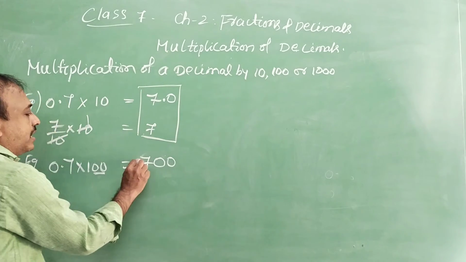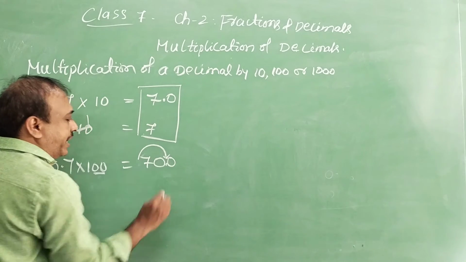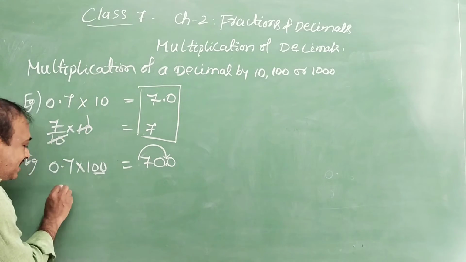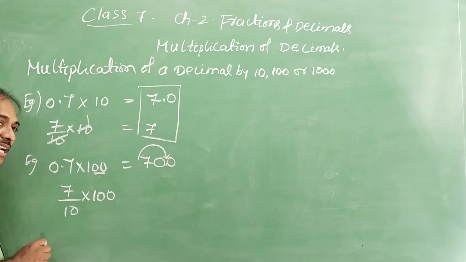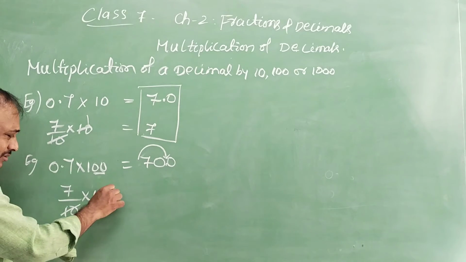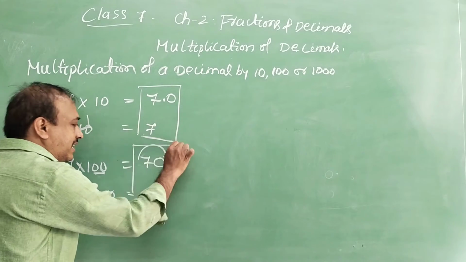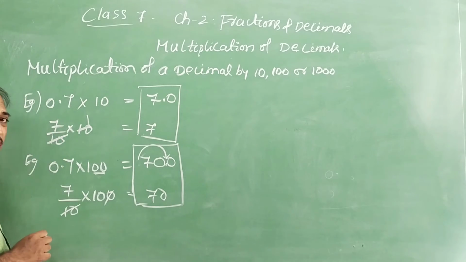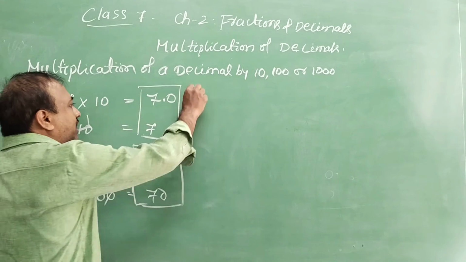So the point will come here, that is 70.0. How is it? 7 by 10 into 100, a 0 cancels, 7 into 10 equals 70.